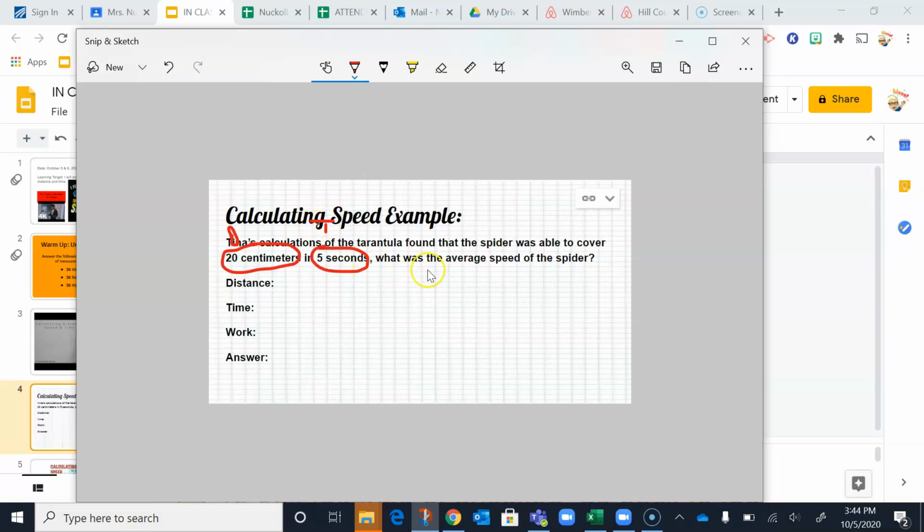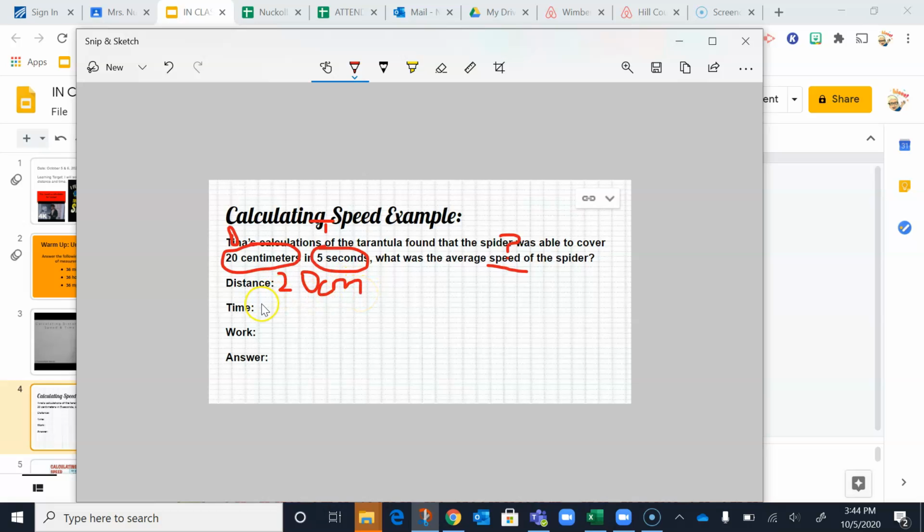So what was your average speed? It's wanting to know the speed, right? So for distance, we've already figured it out. That's 20 centimeters. And always make sure that you put the unit of measurement as well, even if it's painstakingly hard to do on a mouse pad.